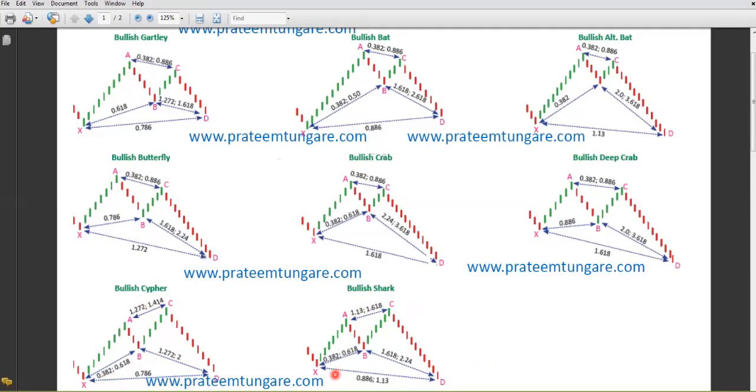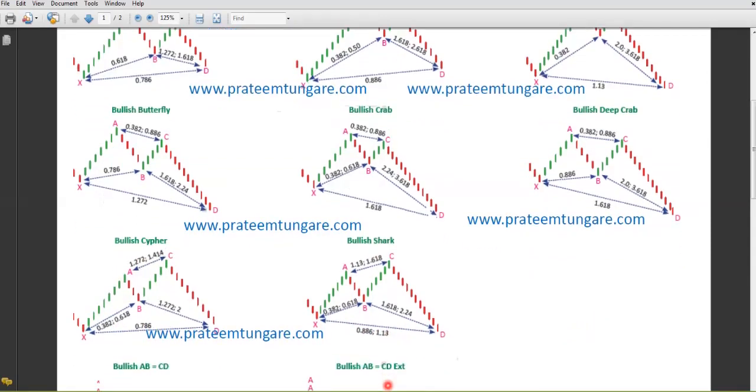In the same fashion, if the XB values are 0.382 to 0.618 and it is a bullish shark, then it will be 0.886. And if it is an alternate shark, the XD value would change to 1.13. So here also we would first consider cipher, then shark, and then alternate shark. I have not given the image for alternate shark, but this 1.13 says everything.